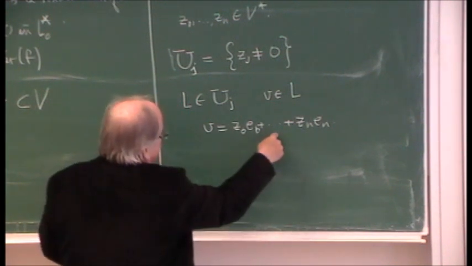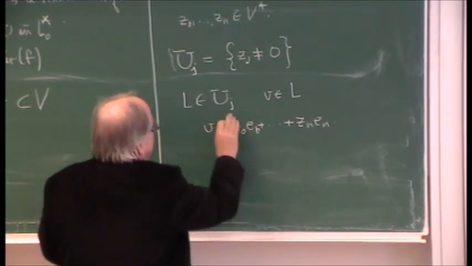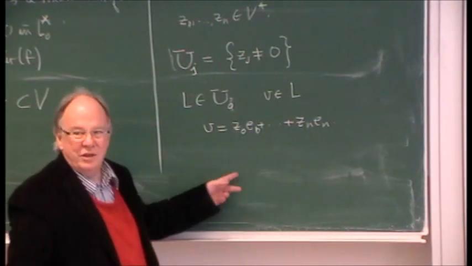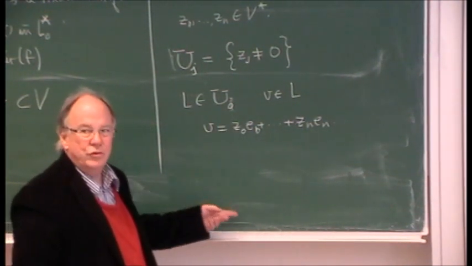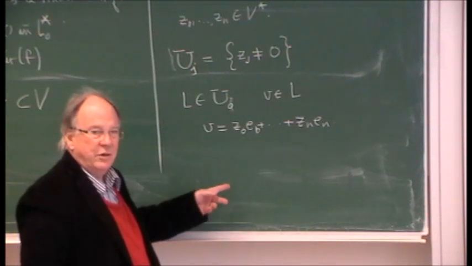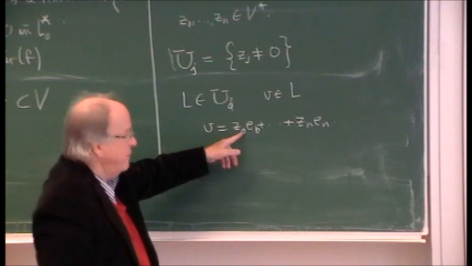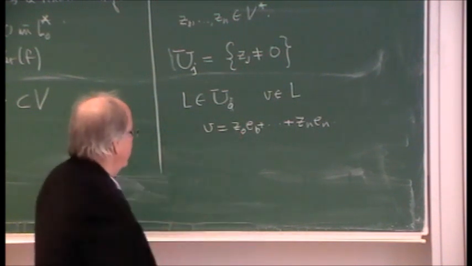And I know Uj doesn't vanish, so I'm tired of writing j. Let's write U0 doesn't vanish. There's nothing special about U0, U2, or U17. U0 doesn't vanish. Z0 doesn't vanish.